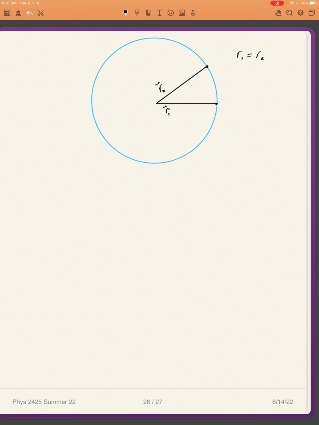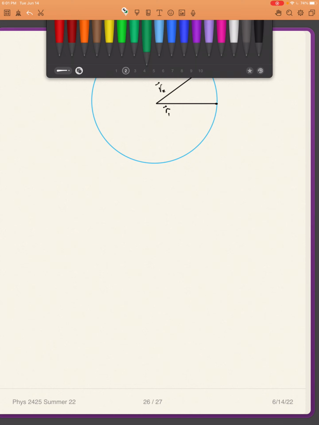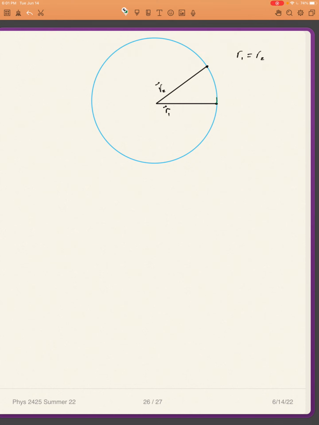And we also know that because it's moving, it has a speed and it has a direction, so it has a velocity. In position 1, it was moving in this direction. And as you know, in circular motion, you're always moving tangential to the circular path.